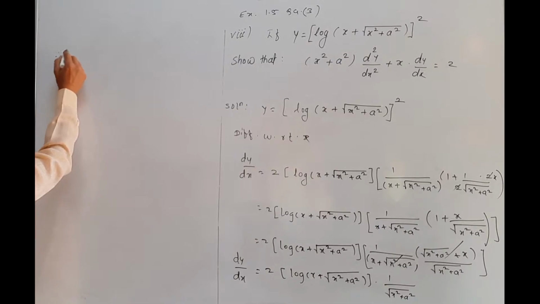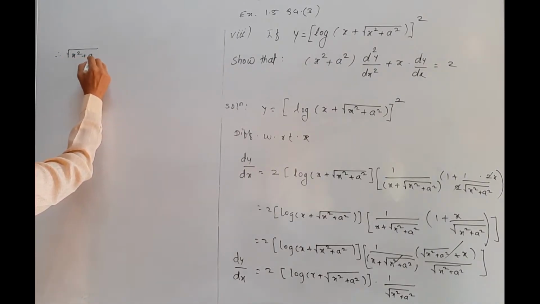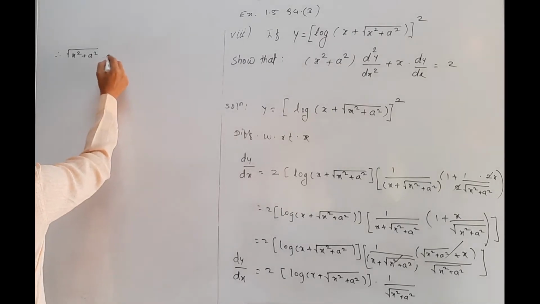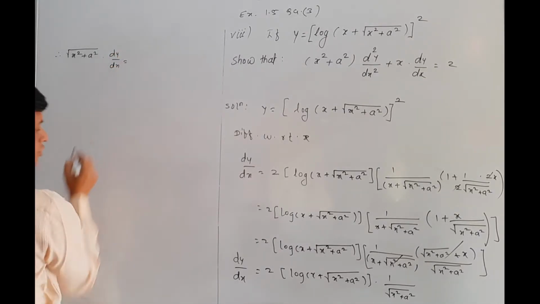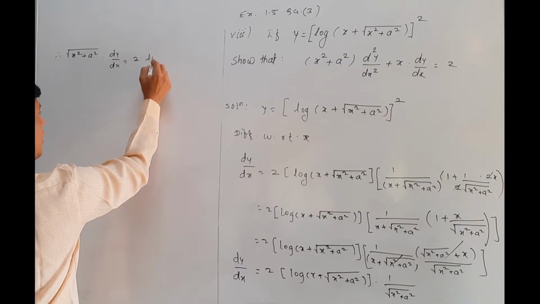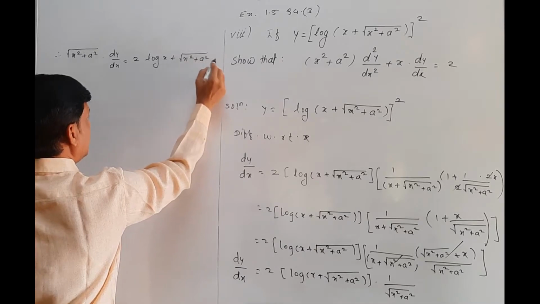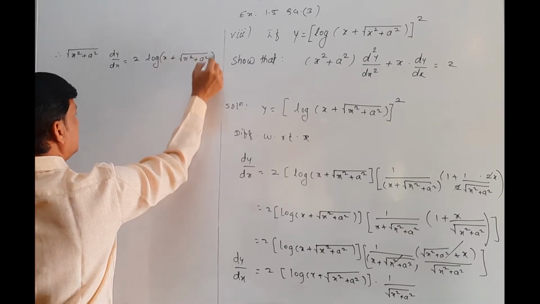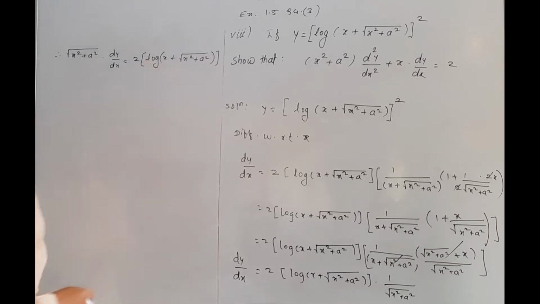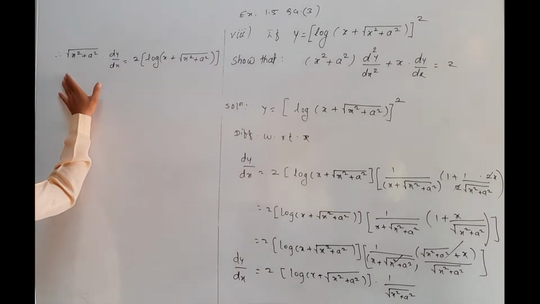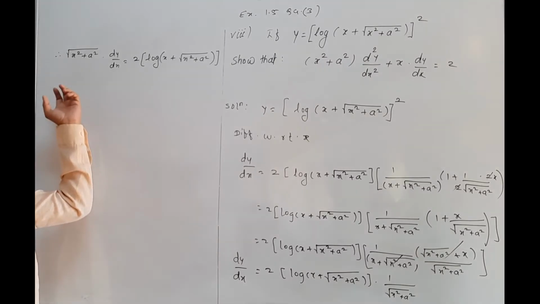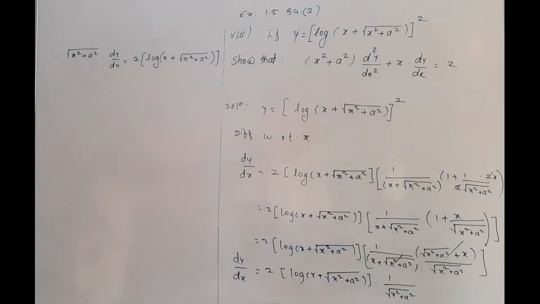So write here, therefore, √(x² + a²) into dy/dx is equal to 2 log(x + √(x² + a²)). Now we have to apply the product rule while differentiating the left hand side. So for removing this root, we have to take the square on both sides.